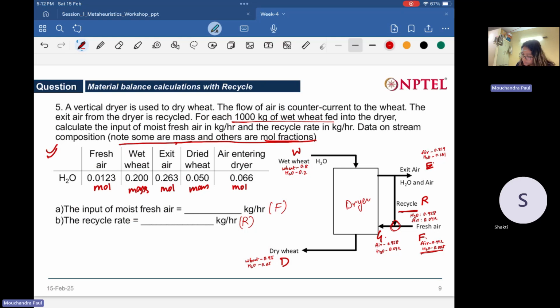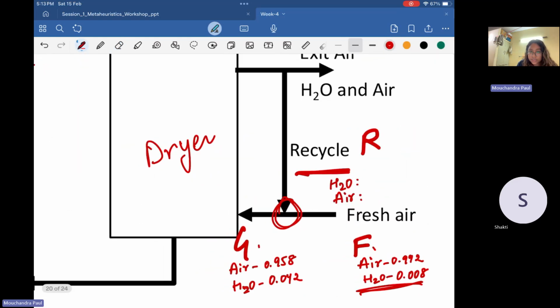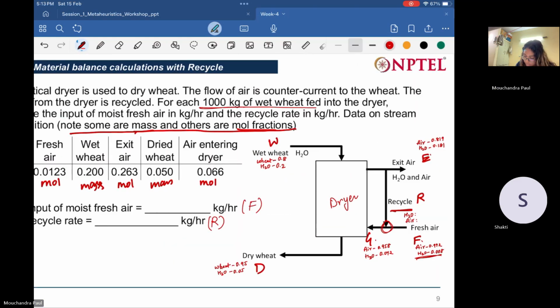0.042. No, wait. Sorry, these values are again incorrect. Here, recycle air is, air contains, okay.